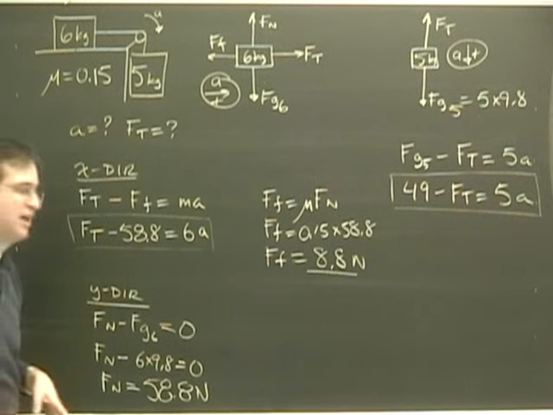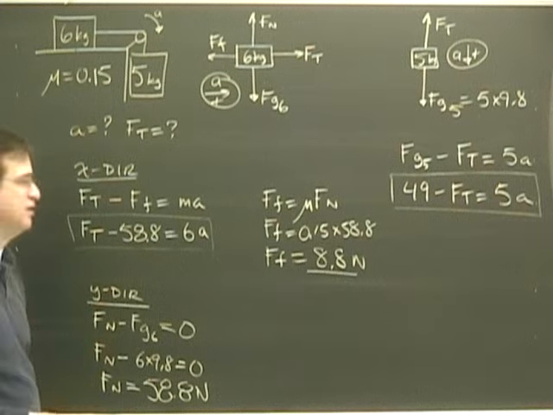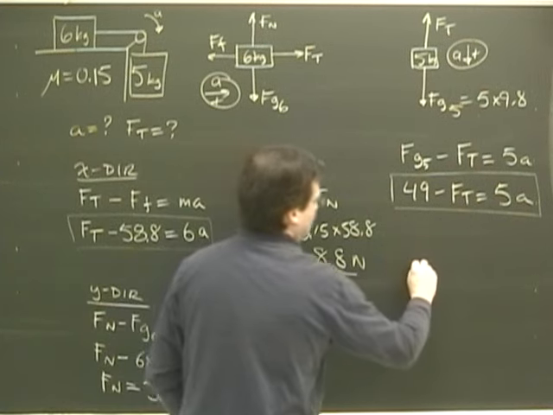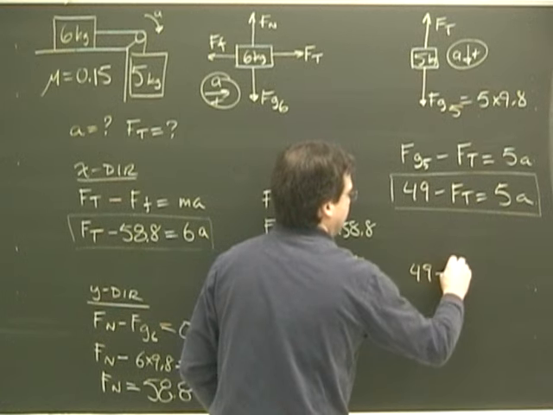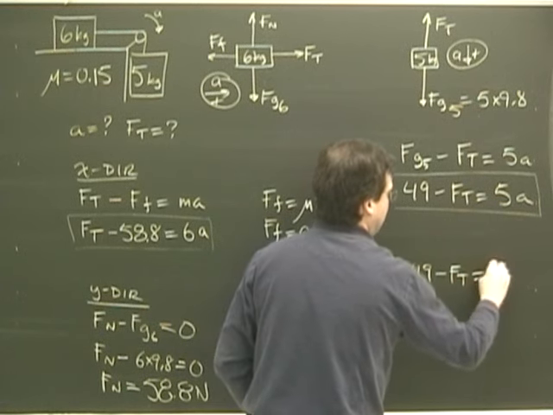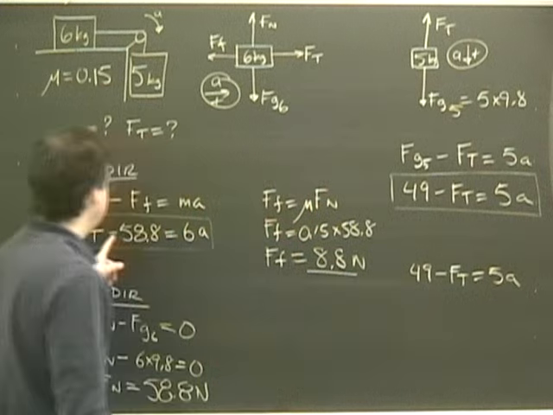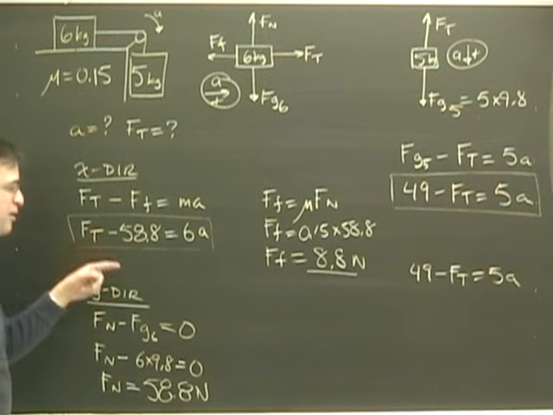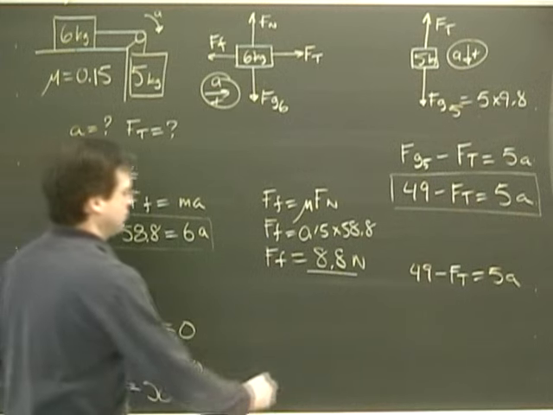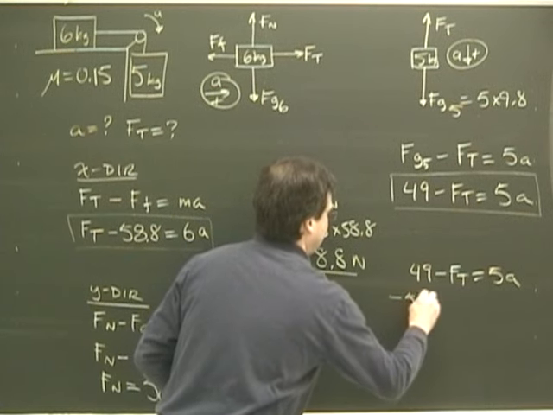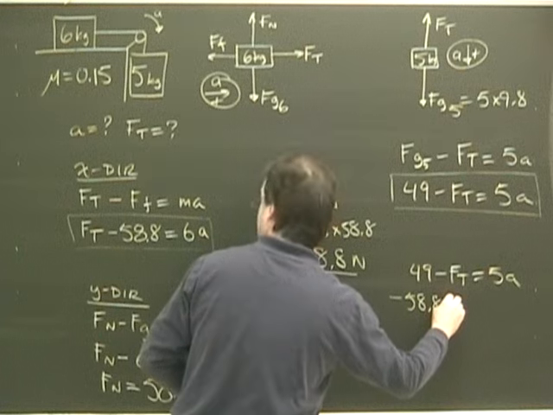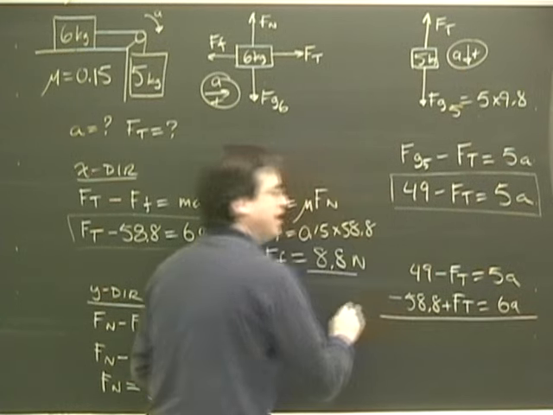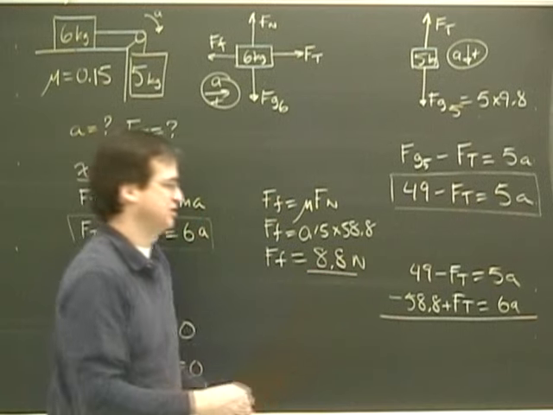I can put the two of them together and solve for the acceleration because the tension is going to drop out. Watch, it always happens. I've got here 49 minus force of tension equals 5A. And underneath it I'm going to put this equation, but I'm going to reverse it so that the Fts are aligned together. So I'm going to have negative 8.8 plus Ft equals 6A. And now I just add the two equations together.